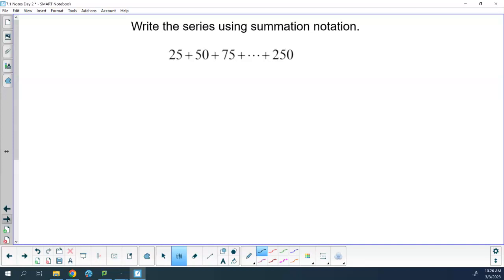Okay. So this one's just saying, write the series using summation notation. We start with a big old sigma. I need a letter. You've got 26 choices. N. Okay, N. I need a number between 0 and 2.